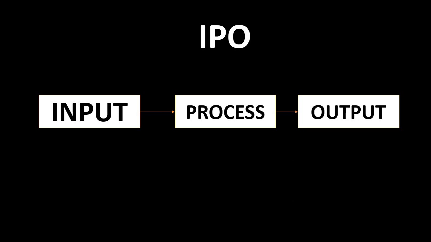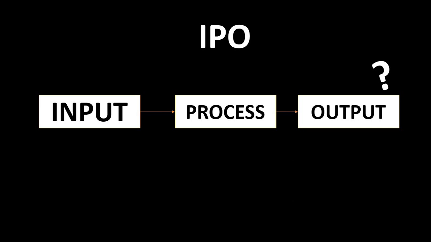So we know that some kind of input is given to the computer, and the computer will process the input and we will get the output. The question here is, once the processing is done, whether the result must be given to the output devices itself.